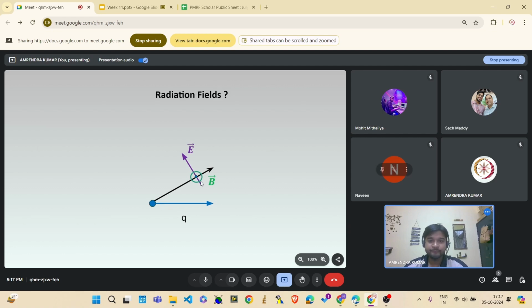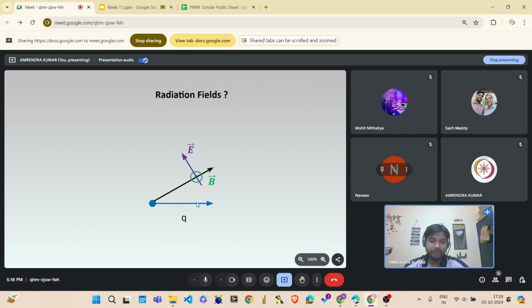Then what happens if you draw a Gaussian surface around it? If you draw the electric and magnetic lines on that Gaussian surface, you will see that the field lines are just radially outwards.